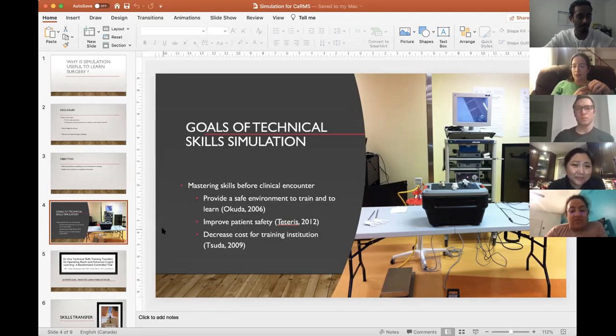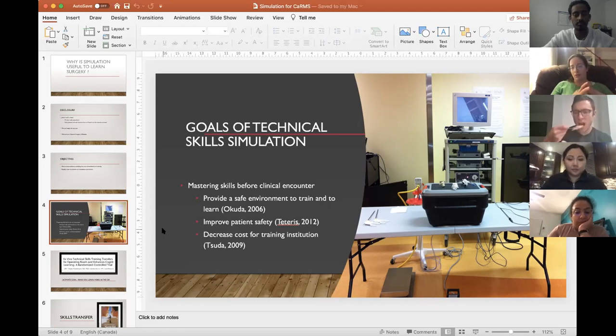And then it does improve patient safety, which I think is something we're all concerned about, and something that as doctors we should all be interested in. There are a few very elegant projects showing that if you train people at a Sim Center, that actually has an impact on patients. A classic one was done in the ICU, where they showed that if you teach people in the Sim Center how to insert a central line, you have fewer pneumothoraces. That's one of the classic simulation papers.